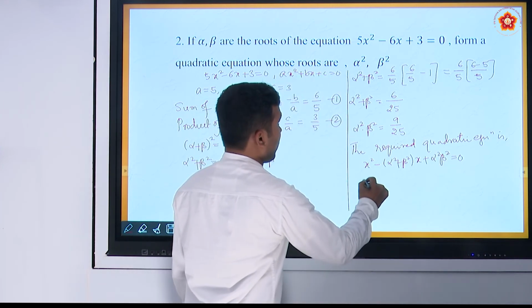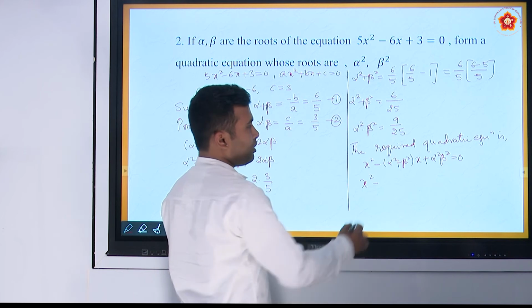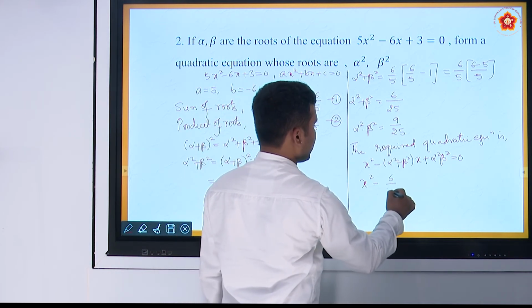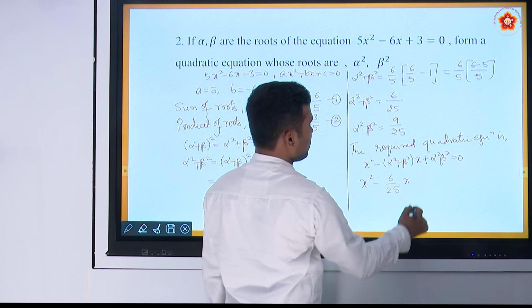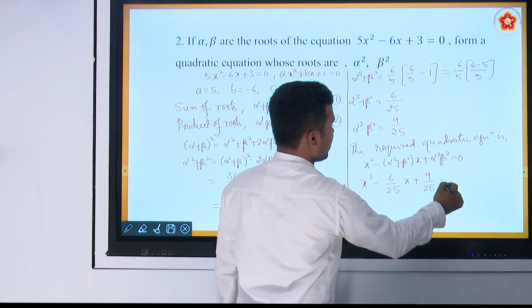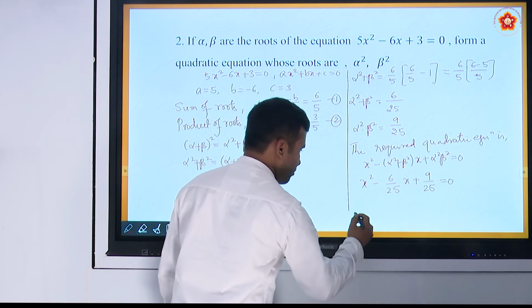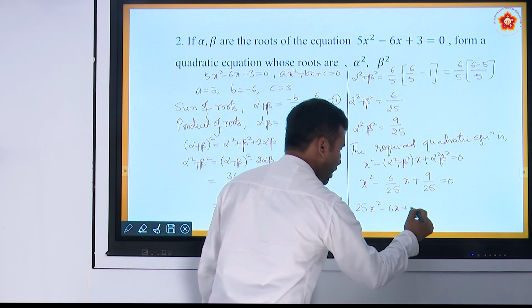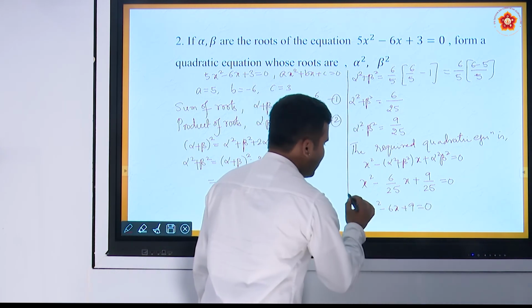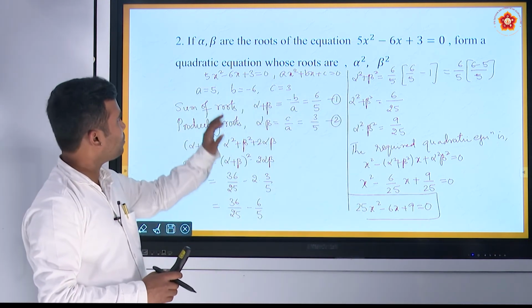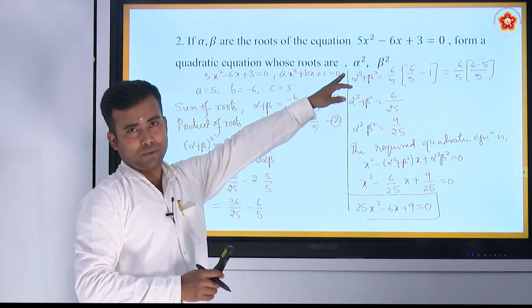So now x square minus, what is alpha square plus beta square, which is 6 divided by 25, into x plus this is 9 by 25 equal to 0. So now you simplify this, which is 25x square minus 6x plus 9 is equal to 0. This is the required quadratic equation which satisfies the roots alpha square and beta square.